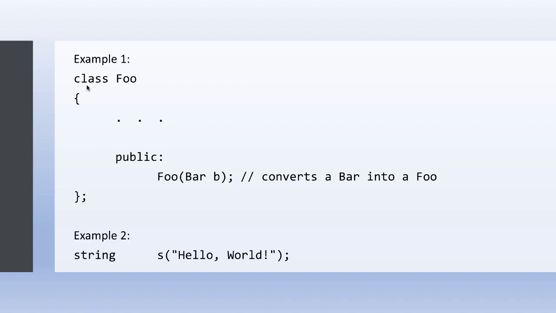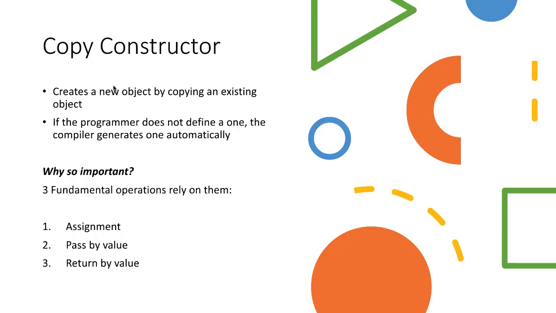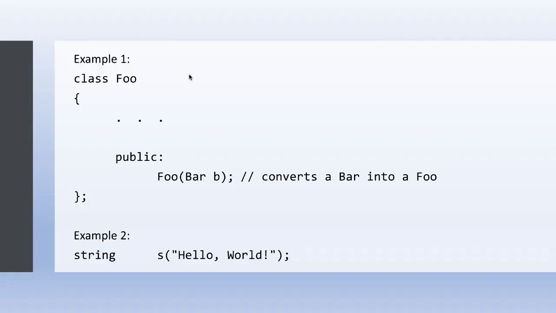So here in example 1, we have class foo. The particulars in this case are not important. Let's pay attention to just the call here. So we have a constructor, as again I will repeat, we know this because there is no return type and it is named after the class.